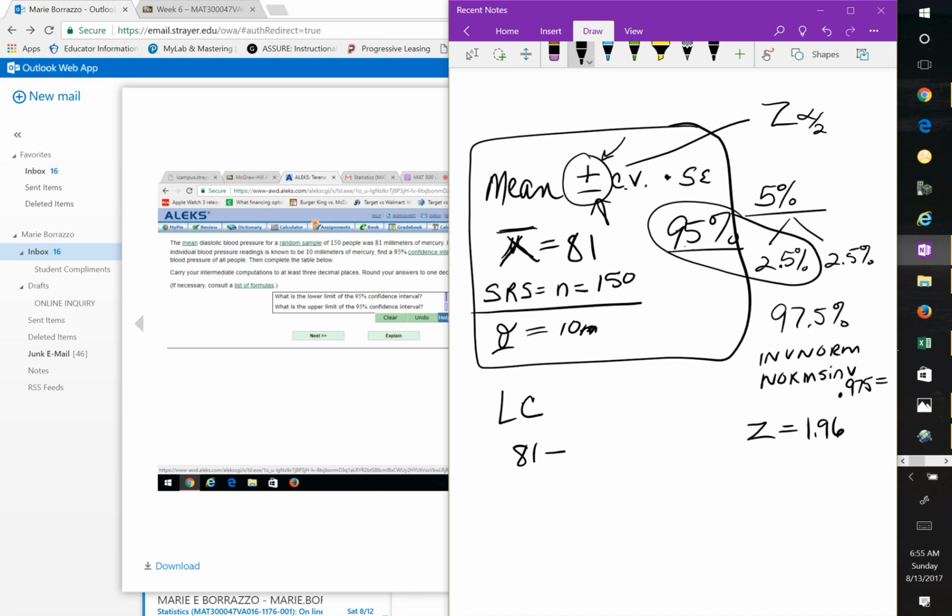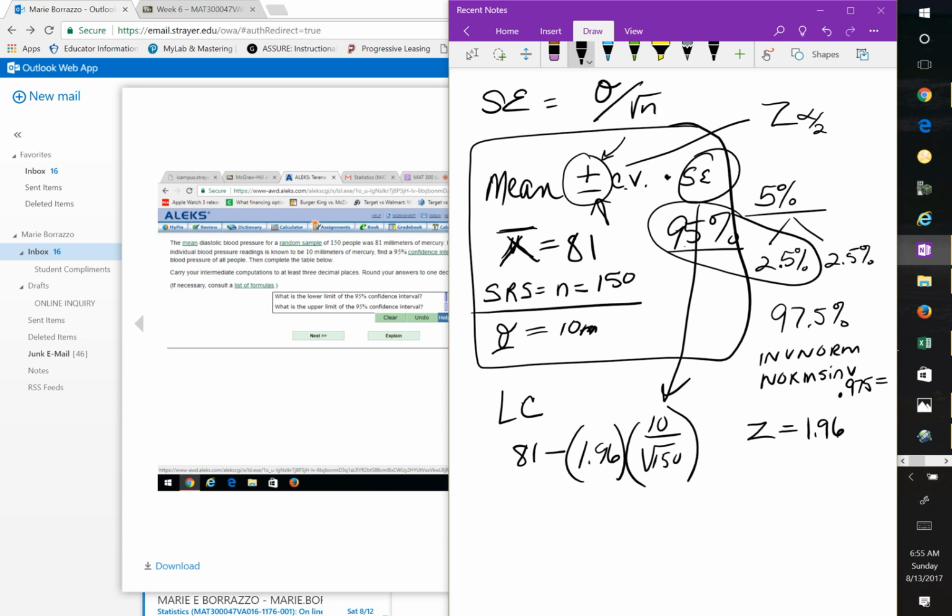So in this case, this value here is 1.96, and I'm going to multiply that times the 10 millimeters over the square root of 150. And again, remember, this is the standard error. Standard error, by definition, is the population standard deviation over square root of n. Okay?